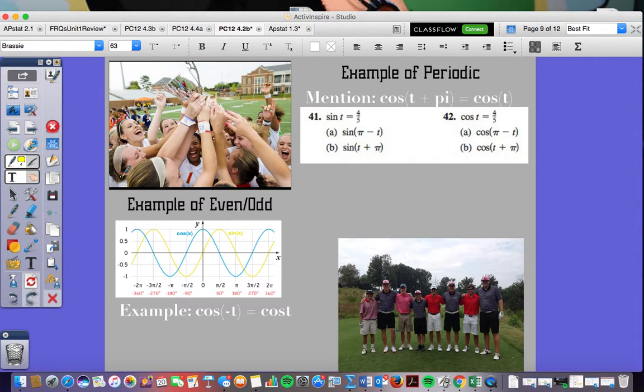Do we know what t is? We don't. Right now, what I'm saying is that t is some angle in the first quadrant. So if I took pi and subtracted t, what quadrant would it be in? Second. Perfect. Does that make sense? Do we know t? This is really abstract, I know. This is good stuff, like college level stuff. We do not know what t is, and we're just going to say it's in the first quadrant.